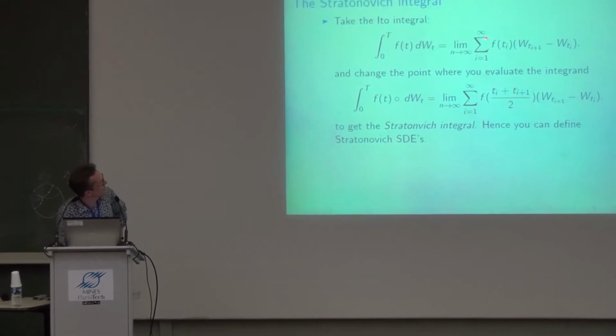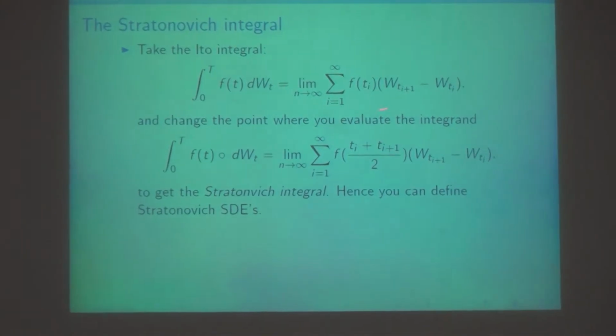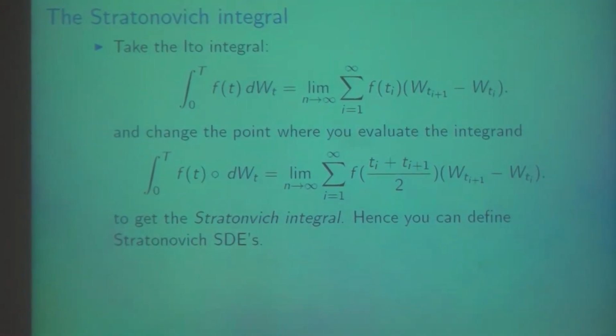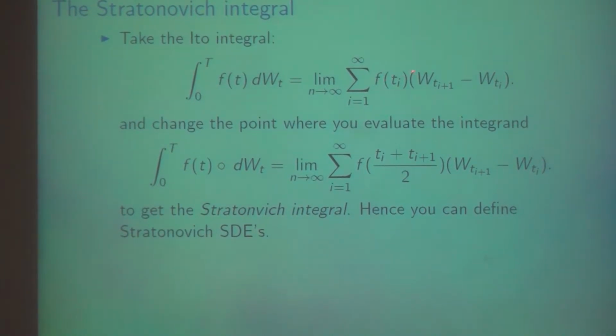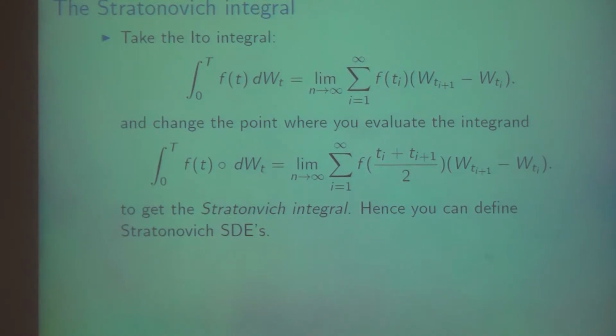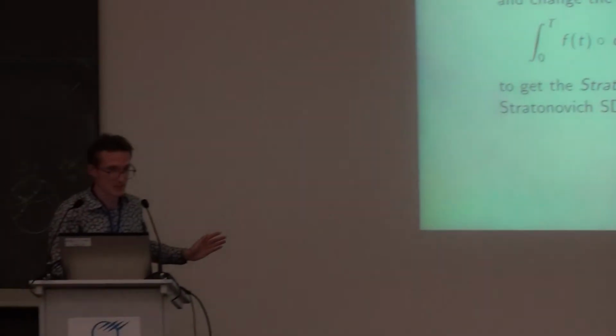And so you end up with another alternative definition for a stochastic integral, which is called the Stratonovich integral. All that changes is that, instead of evaluating the function at ti, you evaluate it at the midpoint. That change in the definition of an integral makes no difference for smooth functions, but it's absolutely crucial in the case of stochastic differential equations.